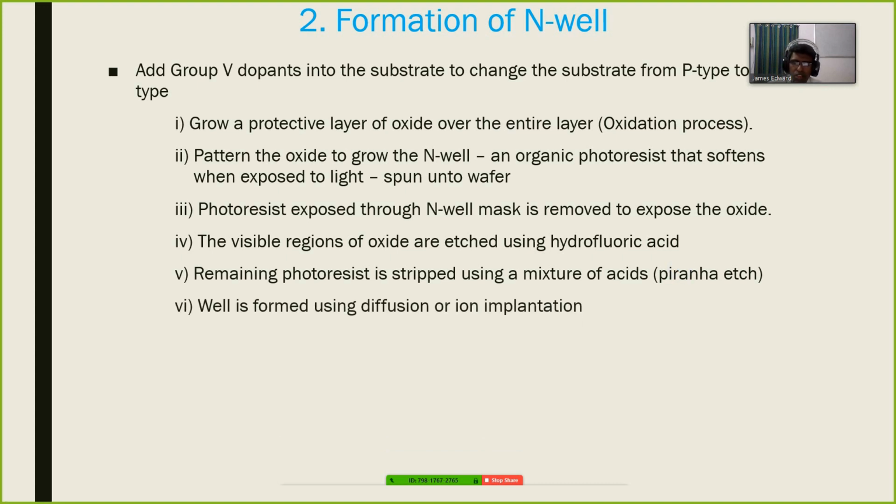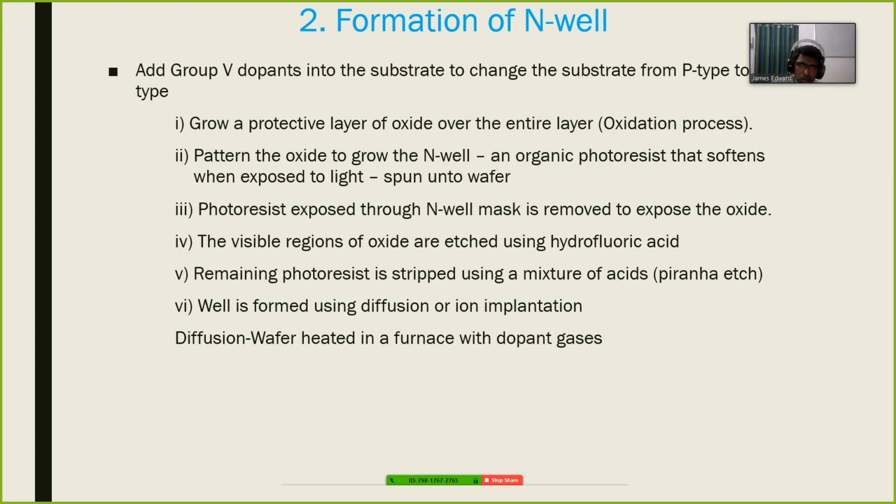Then the well is formed using diffusion or ion implantation. Diffusion takes place in a heated furnace with dopant gases. If you want to form an N-well, the N-well dopant gases are allowed to pass through this furnace and heated. Then the donor ions will be formed to form an N plus.